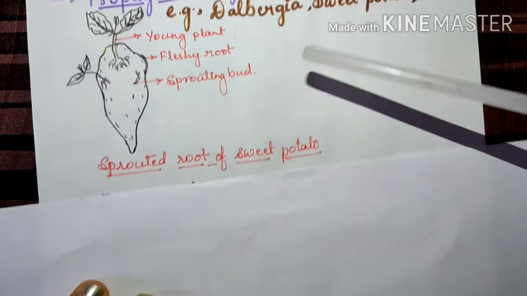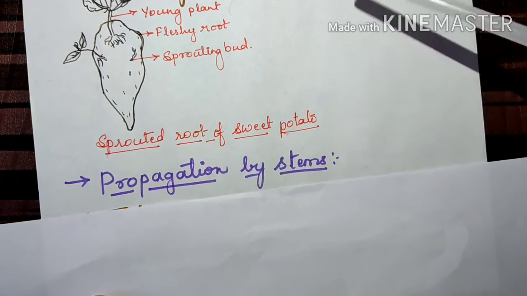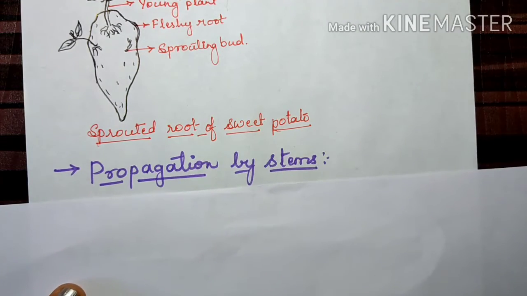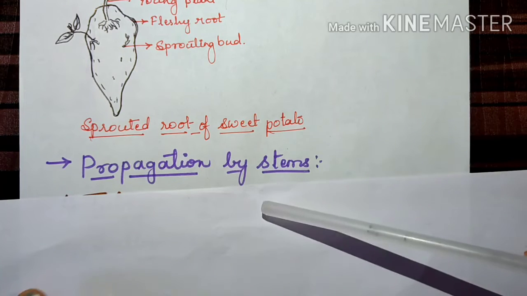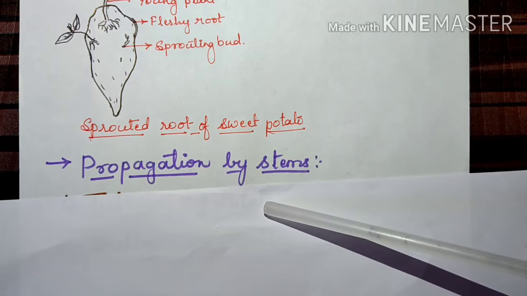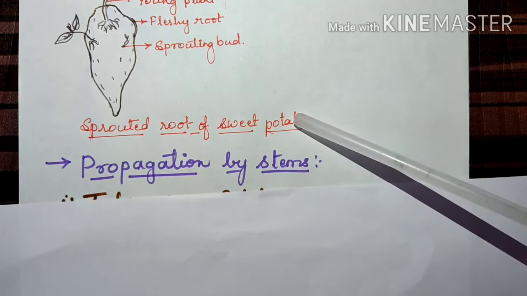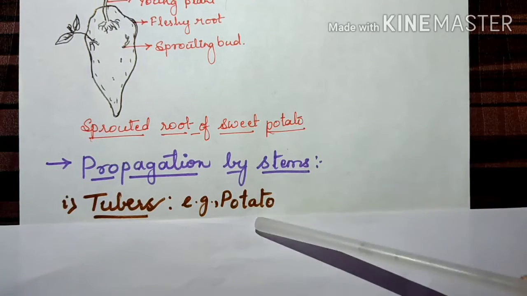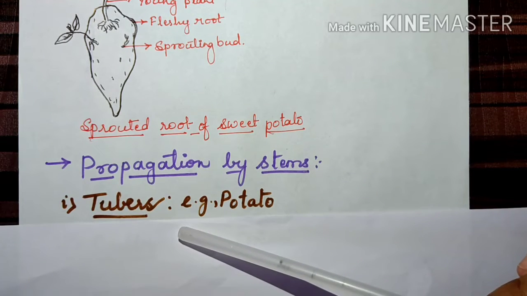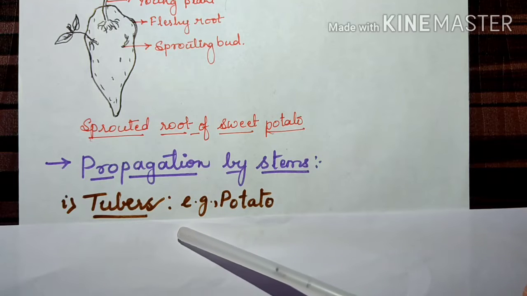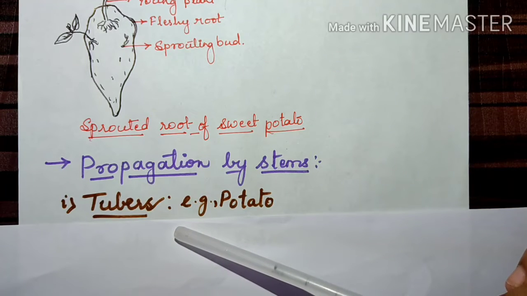Let us see propagation by stems. Certain stem modifications take place in the vegetative propagation, such as tubers. A tuber is a modified stem which is necessary to produce the new plant.